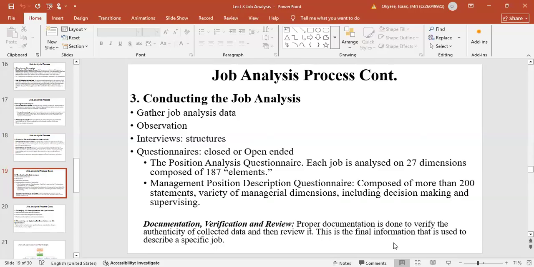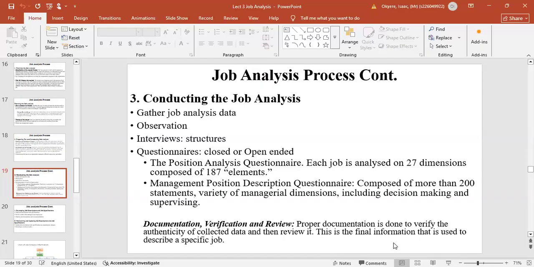But with step 3, this is where that person is now coming to work. So what the person does is that he will first gather data.